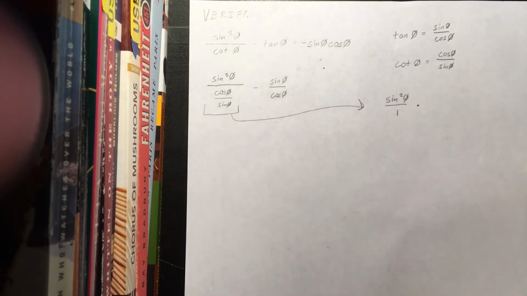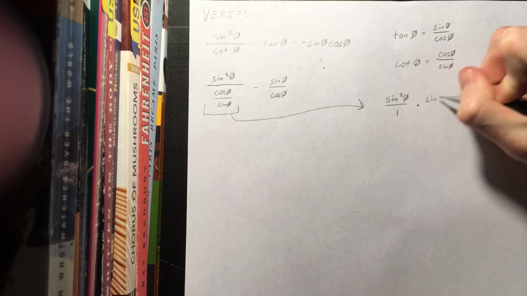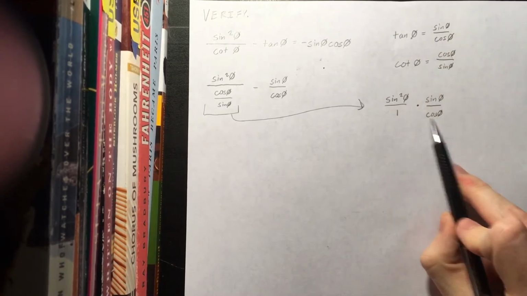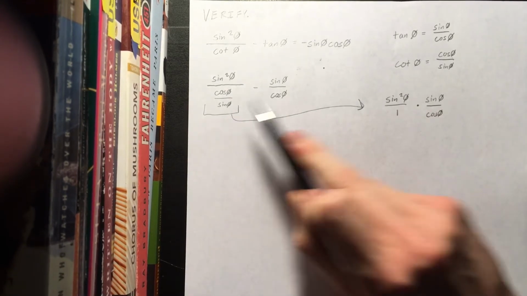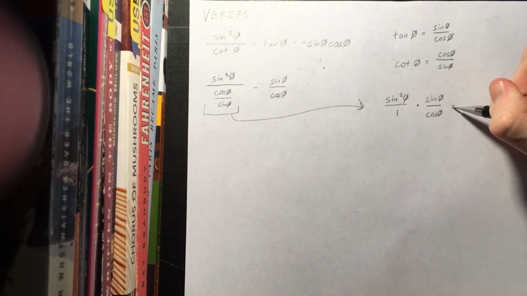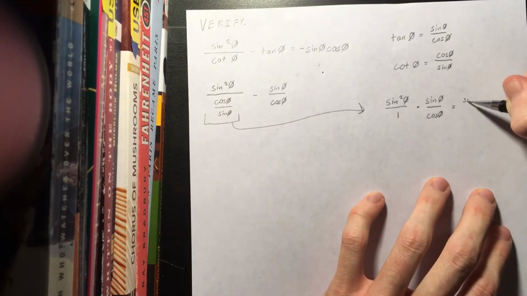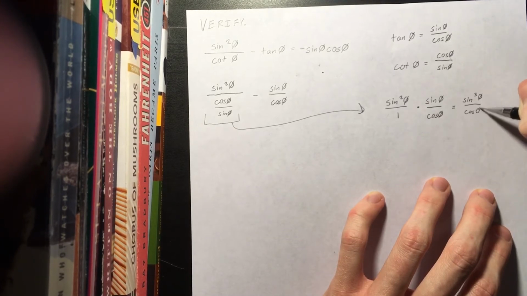We're just going to flip it and multiply by it, so now we have multiplied by sine theta over cosine theta. All I did was take the reciprocal, this part down here, and flip it, and that tells us what this part equals. We multiply across, and we get sine cubed theta over cosine theta.